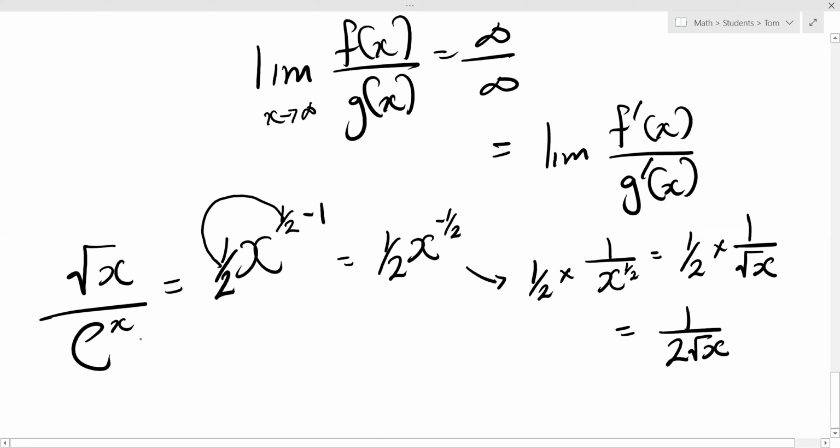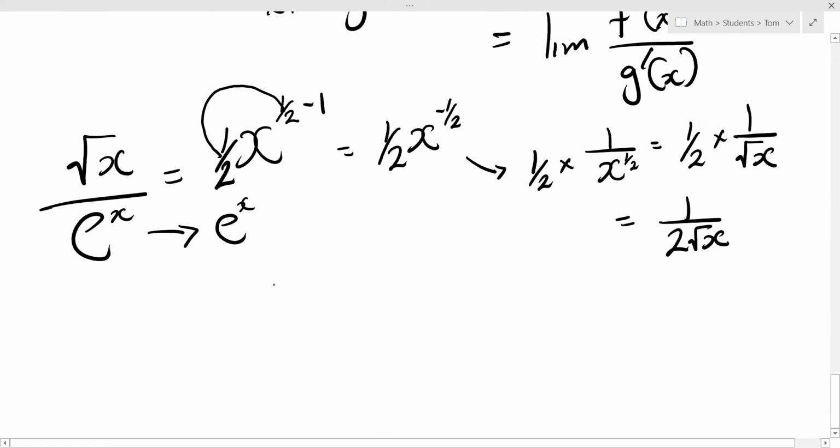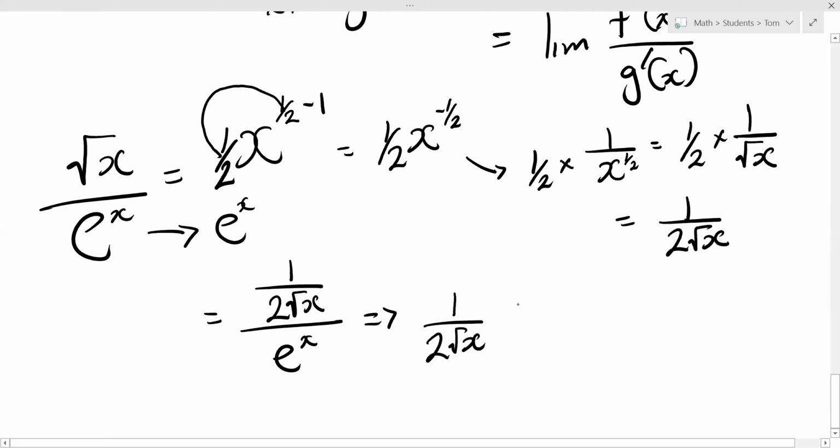How about e to the power of x? The derivative of e to the power of x is still e to the power of x. So what we have now is 1 over 2 root x divided by e to the power of x.